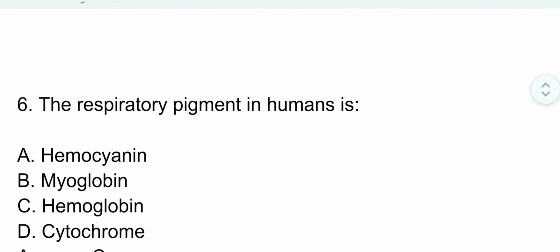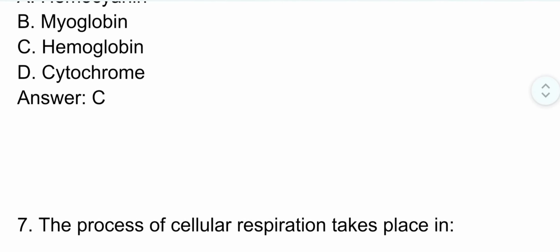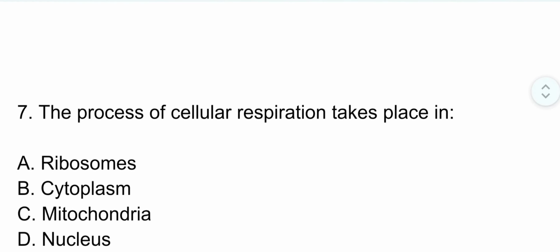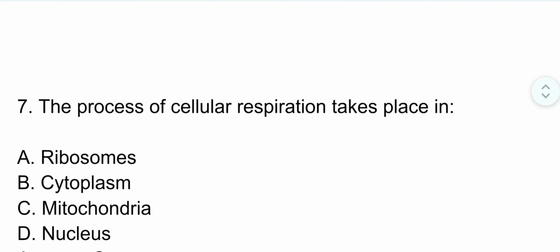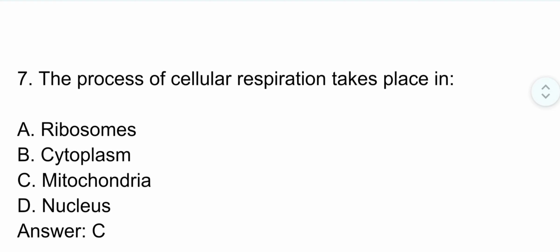Question number 6. The respiratory pigment in humans is. The correct option is option C, hemoglobin. Question number 7. The process of cellular respiration takes place in. The correct option is option C, mitochondria.